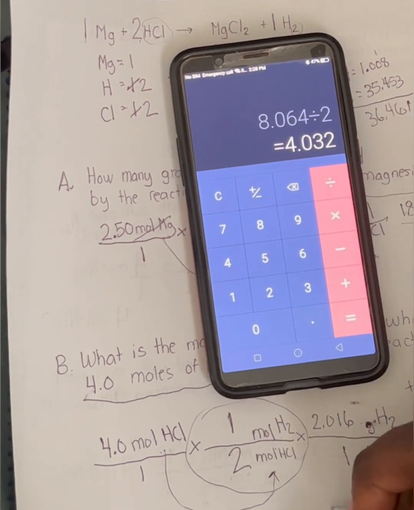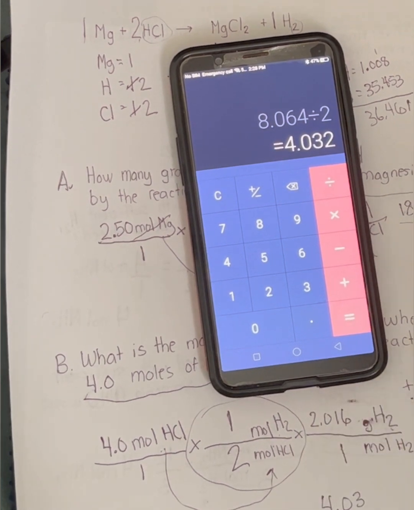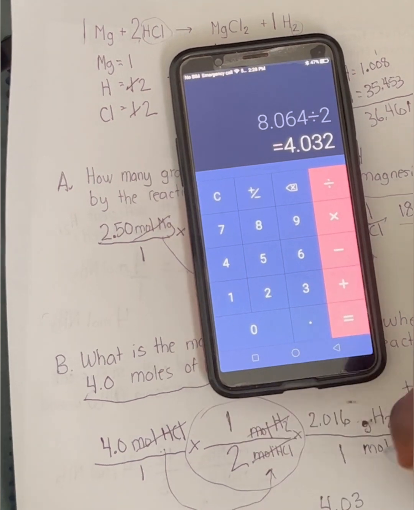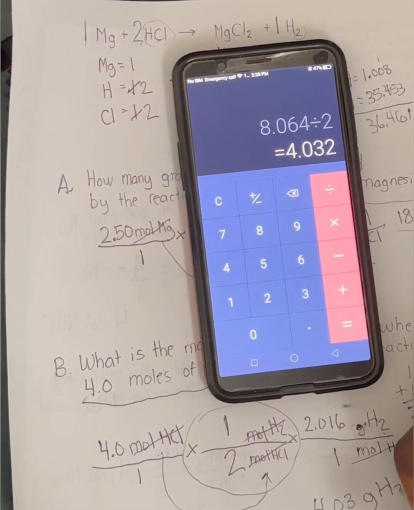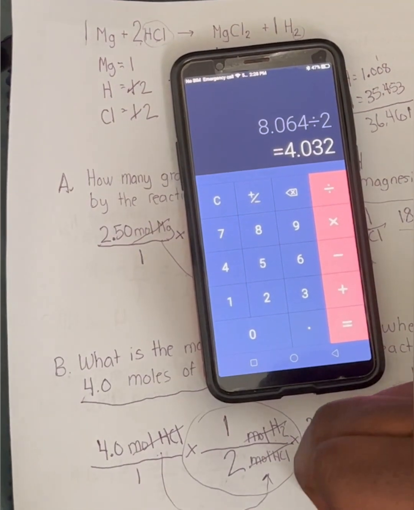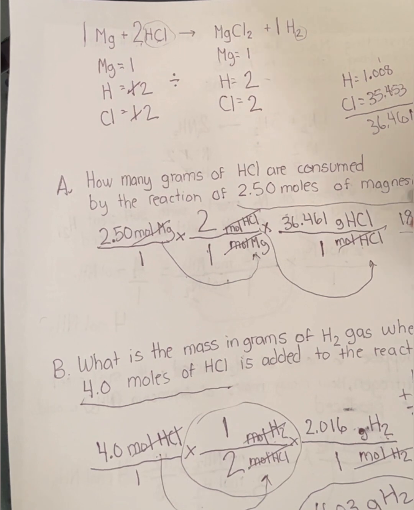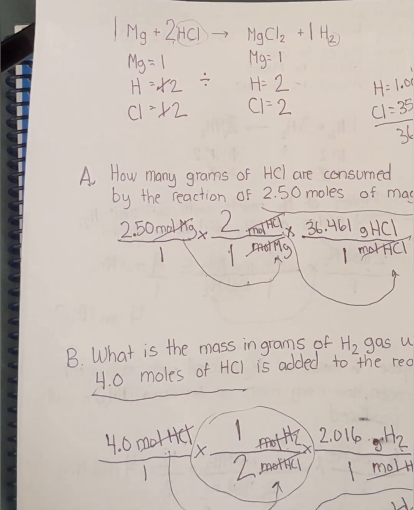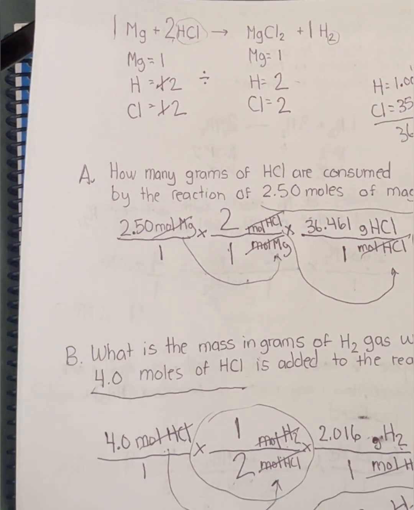And the answer should be 4.032. We're going to round it. Remember, everything is going to cross out. Grams of H2 is what we're going to be left with. So this would be our answer for part B, and this is our answer for part A. So that is how you go from moles to grams in stoichiometry. Next, we're going to flip it and go from grams to moles.